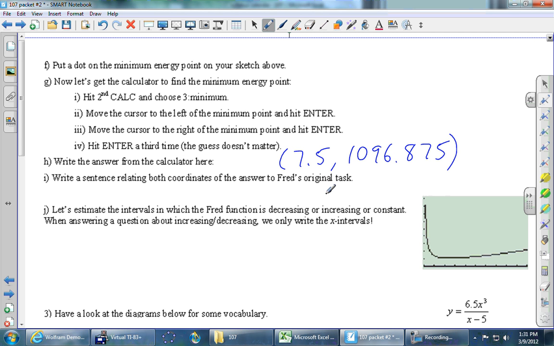Write a sentence that has both numbers, plain English, not really any math. Okay, does anybody have a sentence they're willing to share? Let me see some hands.